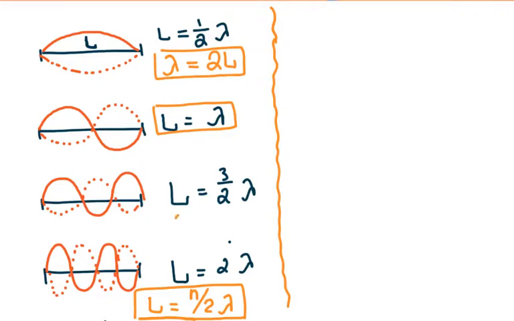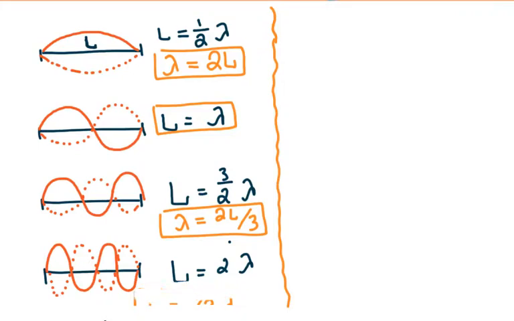In this case, I can say lambda is equal to 2 times the length of the rope over 3. And in this case, let me erase that part so it's not confusing. In this case, I can say that my lambda is equal to 1/2 of the length of the rope.